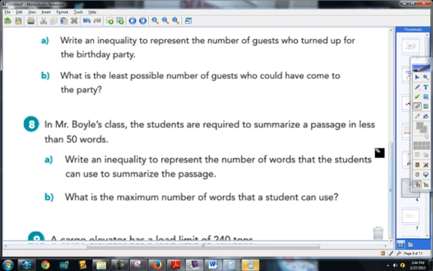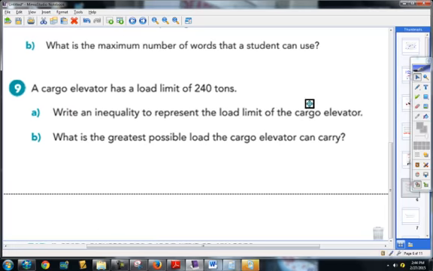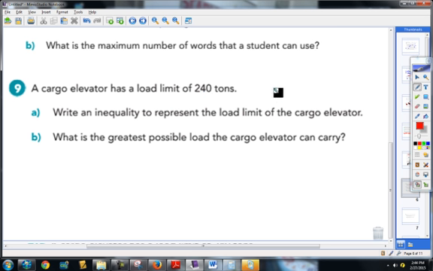All right, let's go ahead and look at this last one, possibly. A cargo elevator has a load limit of 240 tons. I guess this isn't really one of those buzzwords we talked about, but we're going to let X represent the load limit, and we're going to write this inequality.